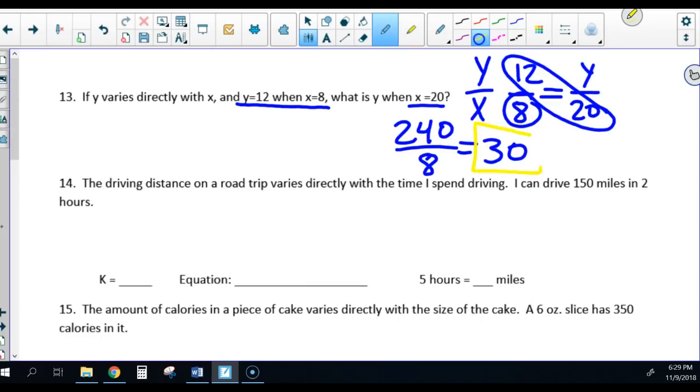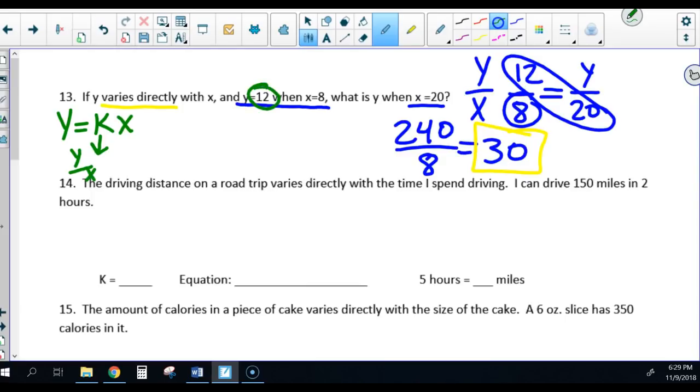So, there's one way to do it. That's not my favorite way. It's probably the easiest way, but the way that brings in everything about direct variation is going to be to get the equation. The equation meaning y equals kx. I know k can be found by doing y over x.